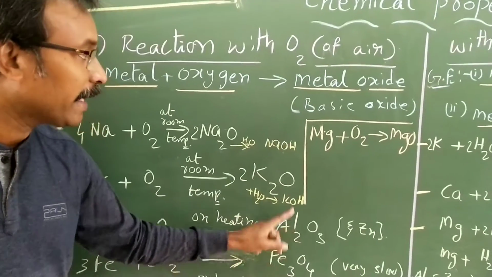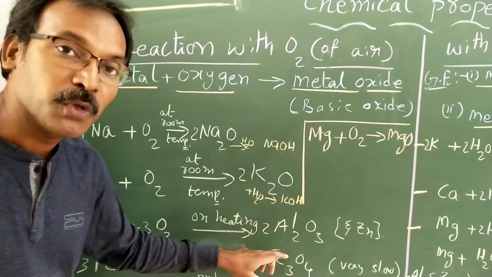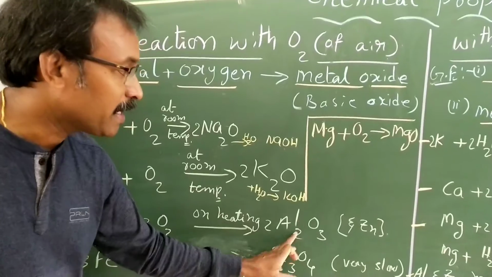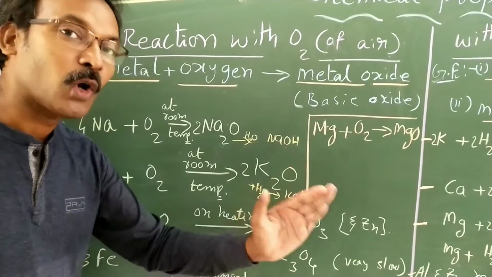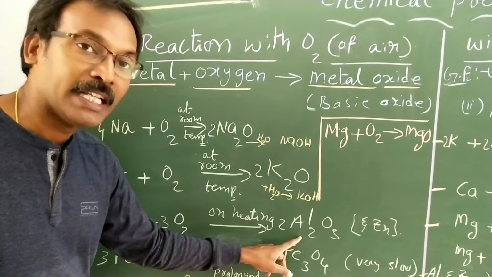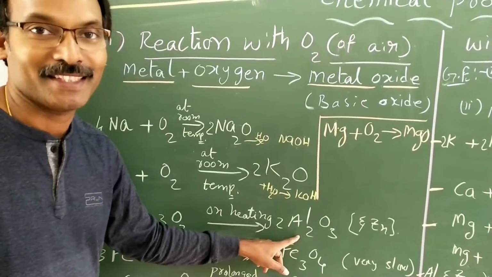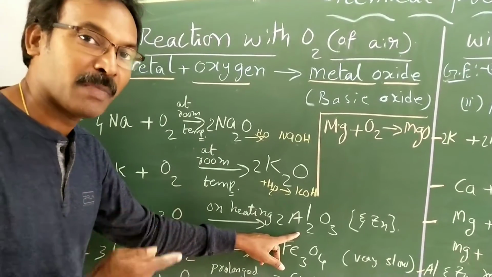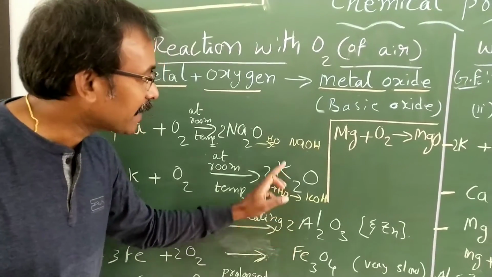And aluminium oxide reacts with sodium hydroxide and produces sodium aluminate and water. So salt and water are produced. That means since sodium hydroxide is a base, aluminium oxide has to become the acid. In the previous example it behaved as a base; here it is acting as an acid.